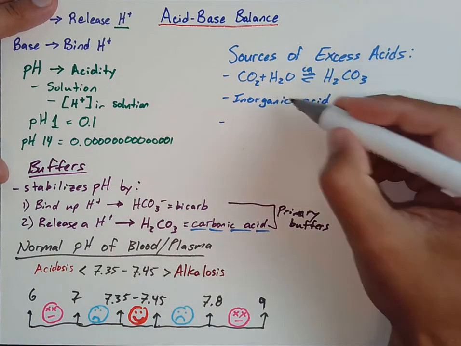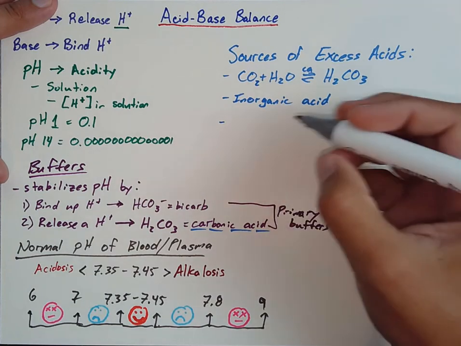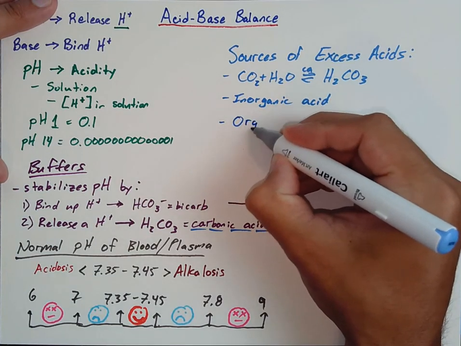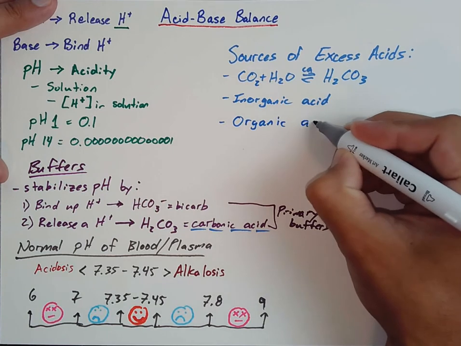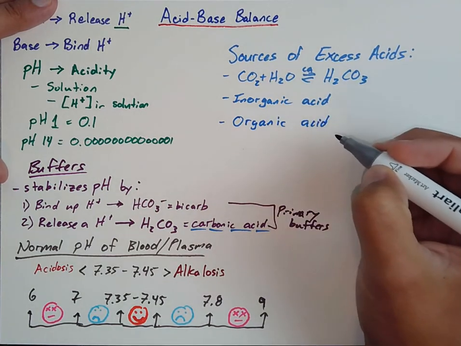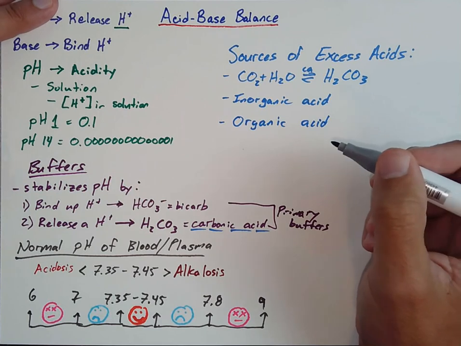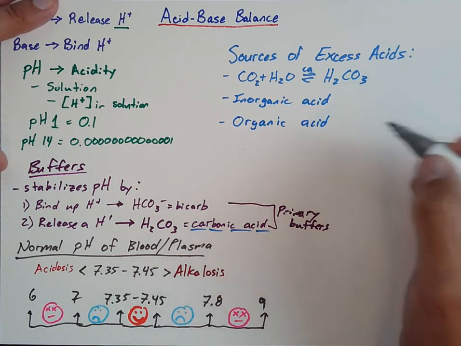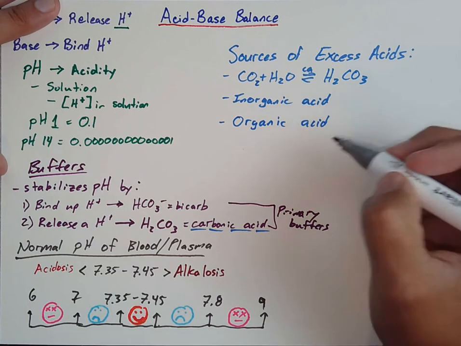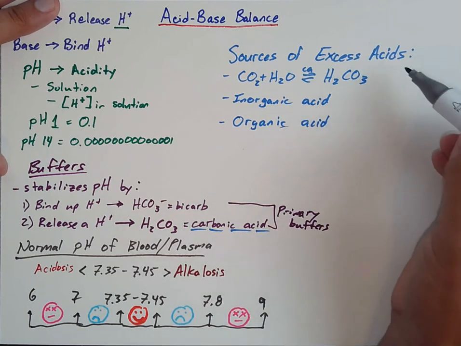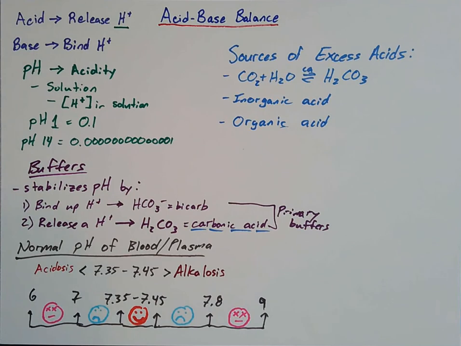There's also an organic acid component to our bloodstream, like fatty acids, amino acids, lactic acid, and ketonic acids, these keto acids, right? All of these are organic acids. We have a lot of different sources of acids and much fewer sources of bases, of alkaline material. That's going to be dependent on your diet, whether or not you're consuming lots of alkaline stuff.